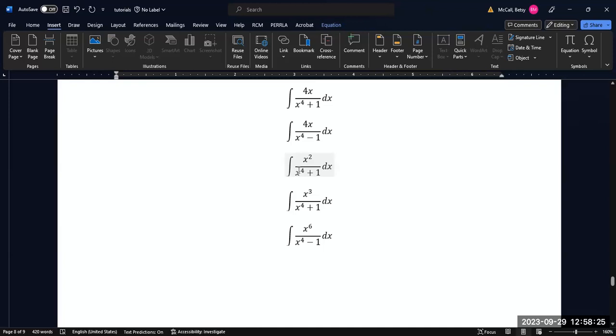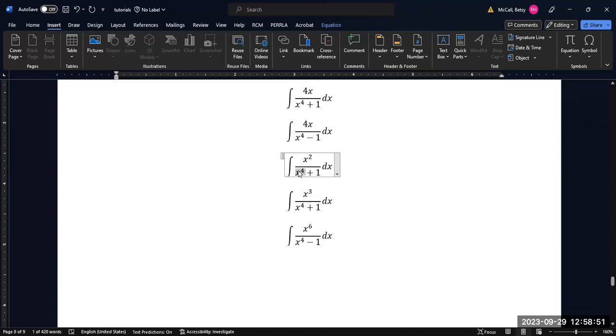And if I want to use inverse tangent, then my u is actually going to be the square root of this x term. So my u would be x squared. The derivative of that is 2x. I have an x squared, not an x. So this would not yield to inverse tangent with a substitution.